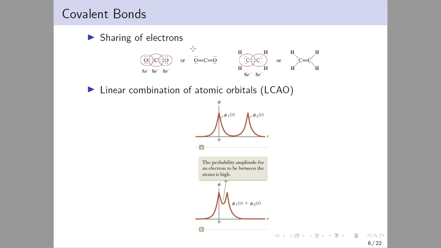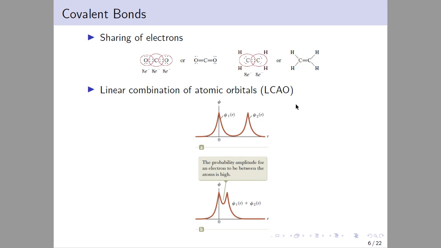The example here is sharing of electrons, covalent bond. C and oxygen share, this is a double bond, and here C and C share two electrons, so we have this double bond, C-H.